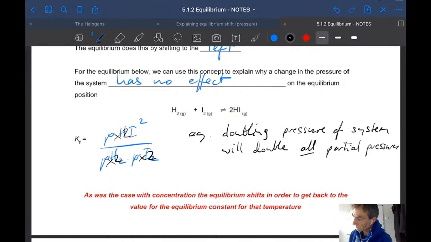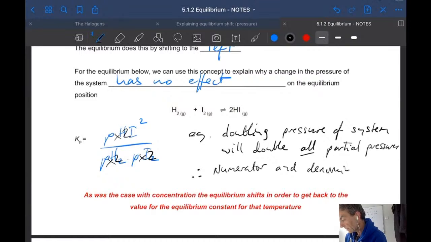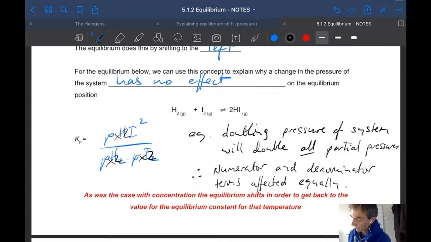Okay, so what we can say there is numerator and denominator terms affected equally. So Kp stays the same.